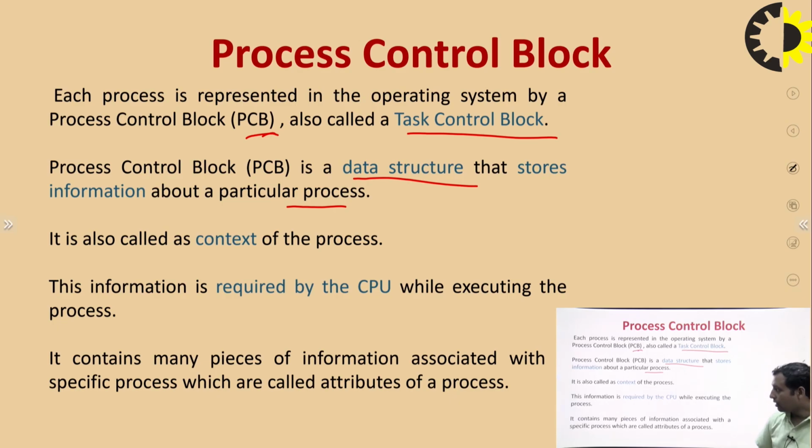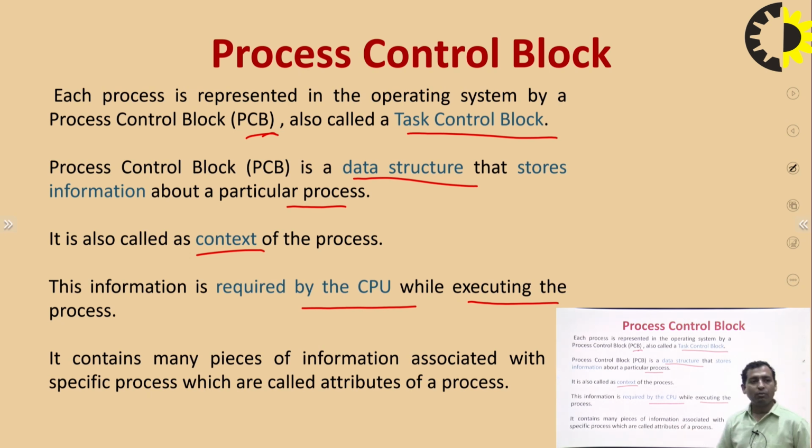This information is also called the context, the context in which the CPU is working. This information is required by the CPU while executing the process. It contains many pieces of information associated with a specific process, which are called attributes of a process.